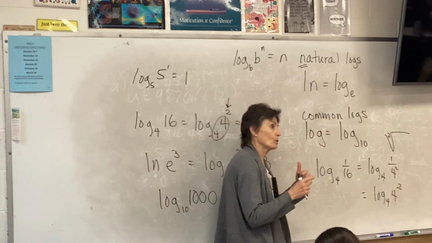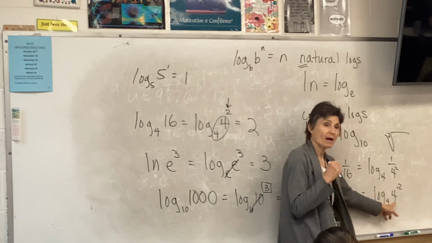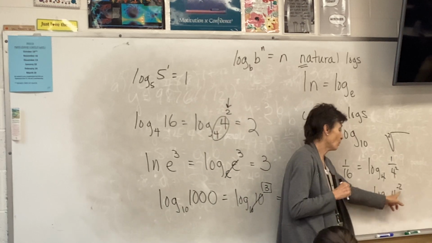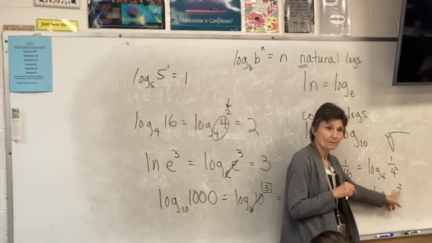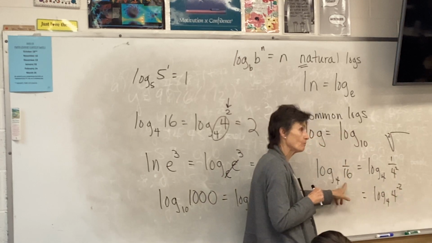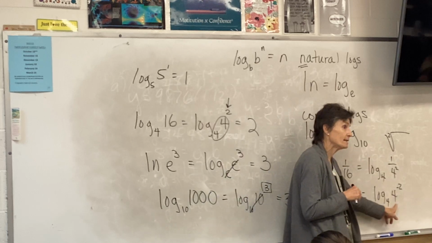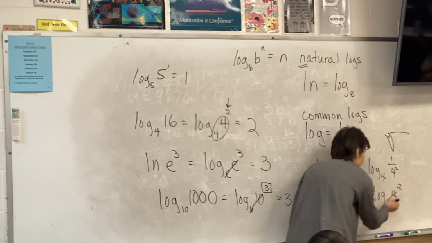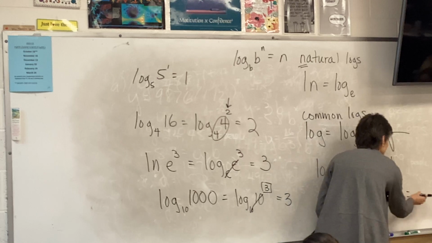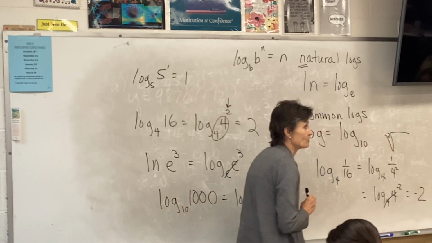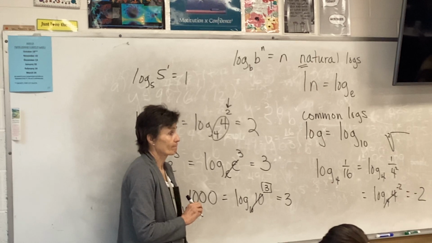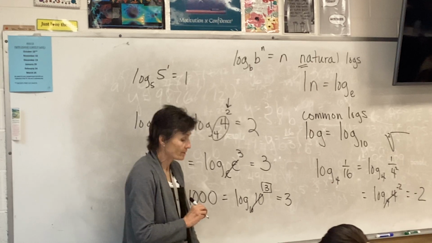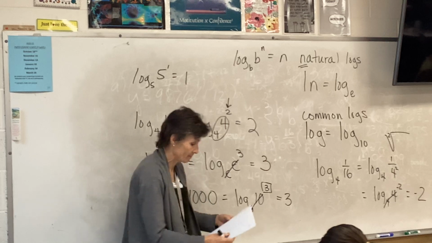We're working backwards. On the problems we practiced yesterday, we took 4 to the negative second and made it 1 over 4 squared. Well, now we have 1 over 4 squared and we're turning it into this. So we can cancel those and the answer is negative 2. Looks a lot scarier than it is.